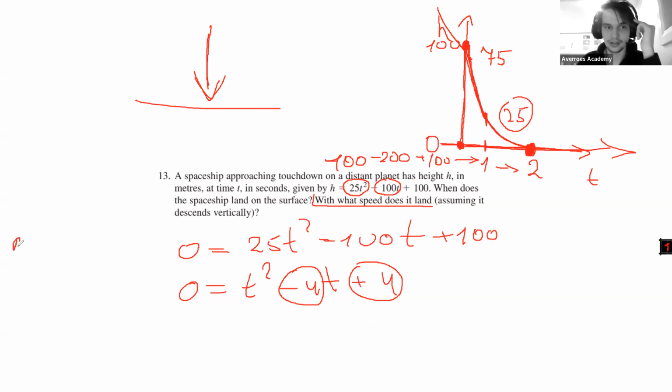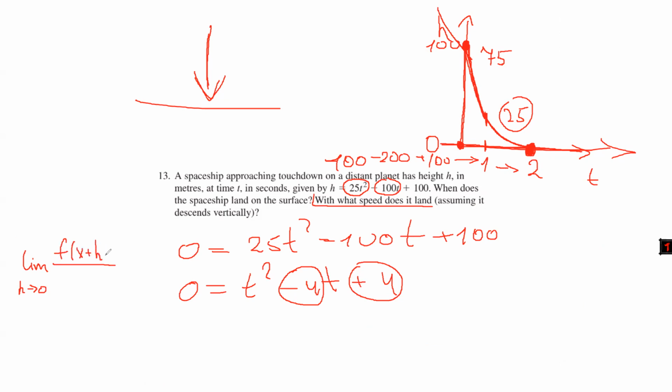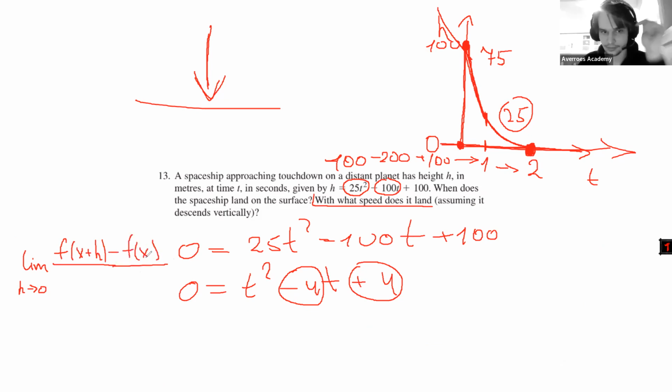The instantaneous rate of change, or instantaneous slope at a particular point, is equal to the limit when h tends to 0, and the formula for m for the slope is as follows. Our function at the second point, which is going to be x plus h, minus f of x at the first point, and below we have x plus h minus x.